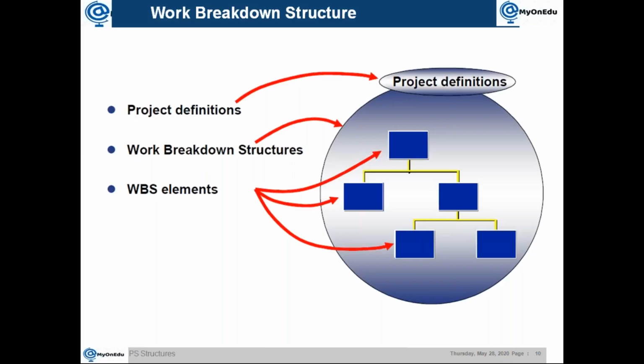Because in SAP, a WBS means it will have a project definition, then it will have multiple WBS elements, and all together this is known as work breakdown structure. So the project definition is part of WBS, and one piece of it, normally we call it WBS, but the real term is WBS element. So WBS means everything including this.